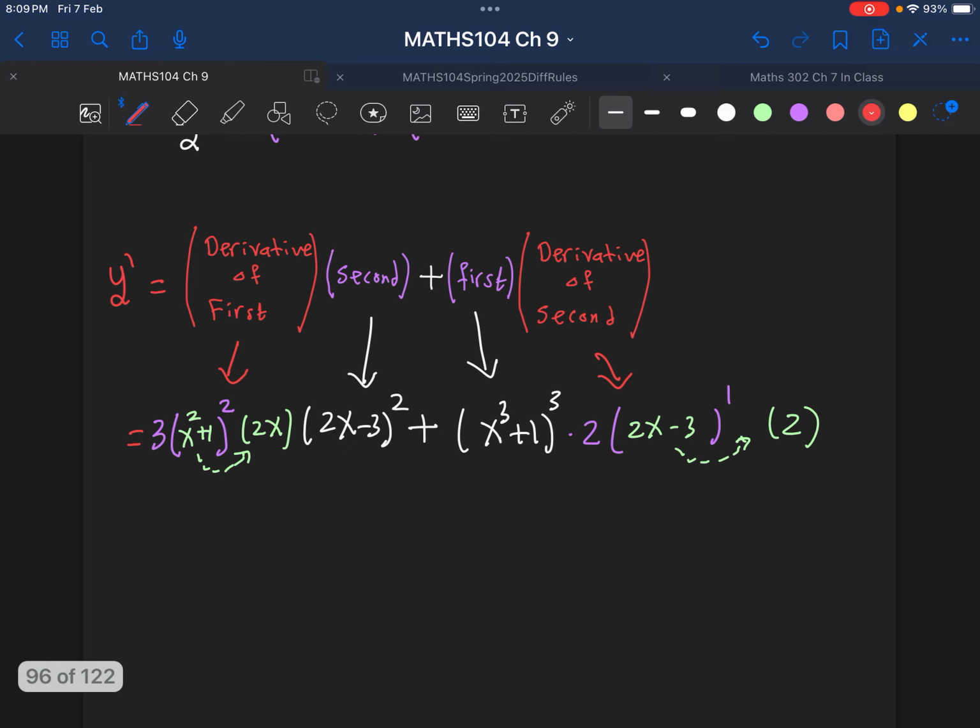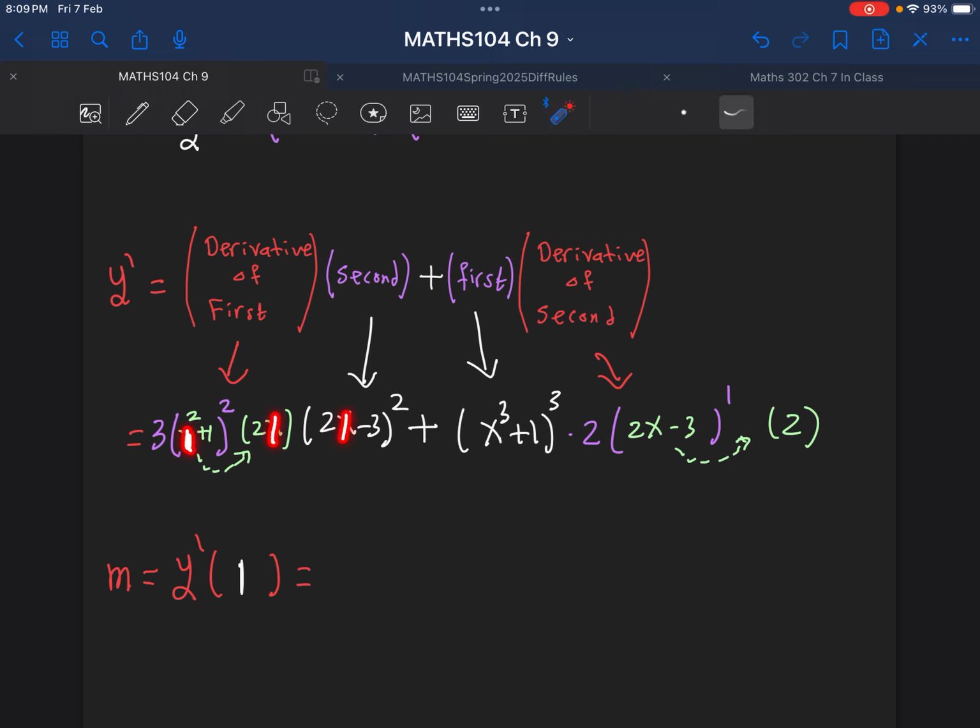Very complicated formula, but we shouldn't worry about it because I'm looking to find m, which is the slope, which is exactly the derivative when we substitute 1. Because we need to find the slope at 1. So what will be the answer? All you need to do is plug 1 here, 1, 1, 1, 1, and use the calculator. If we do it here, we get 12 times 2.